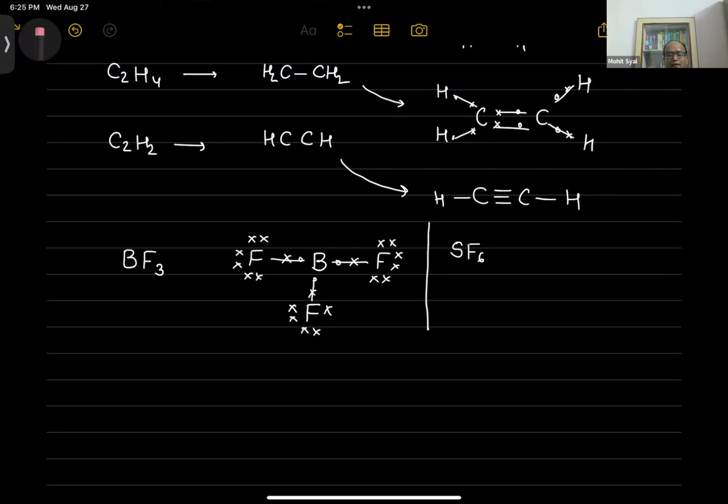Sulfur atomic number is 16. So what is the electronic configuration? 2, 8, 6. These are the valence electrons. So how many dots do I need to put on the sulfur? 6. Got it?